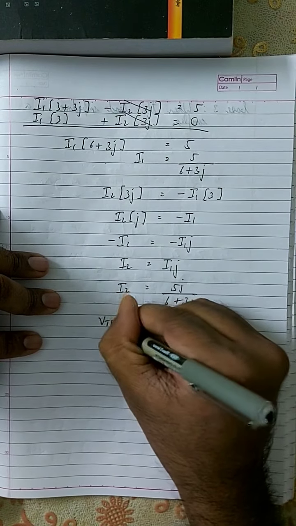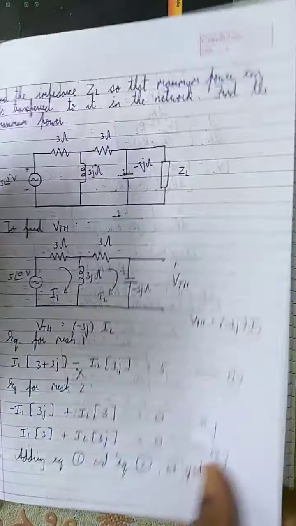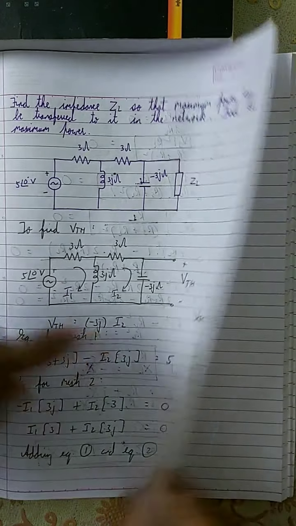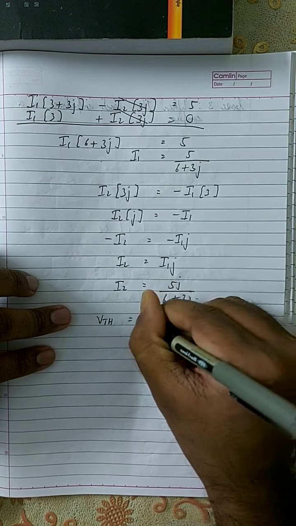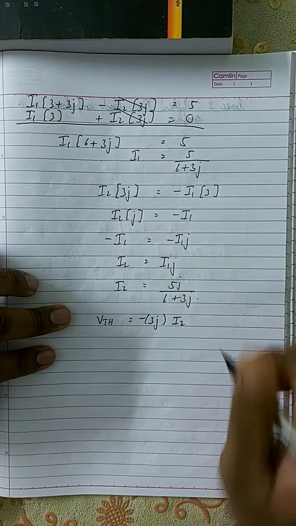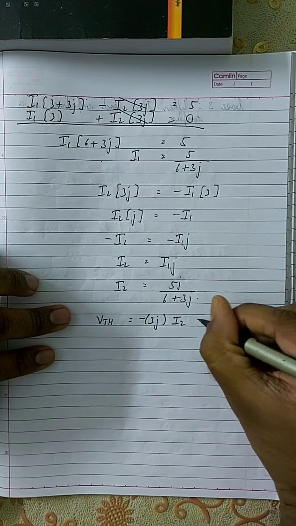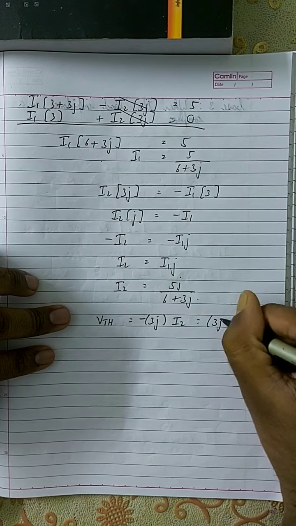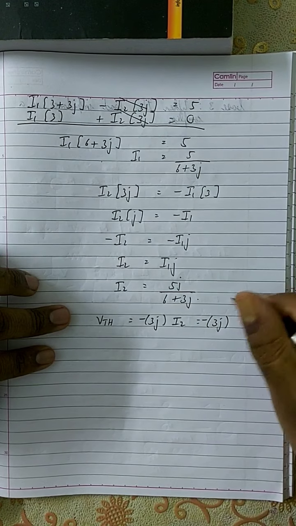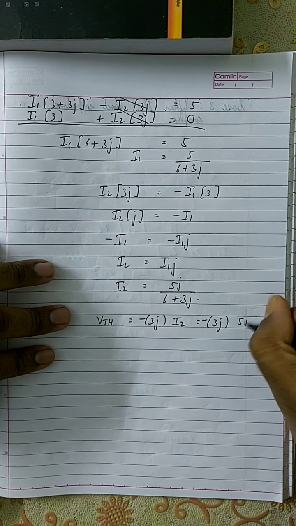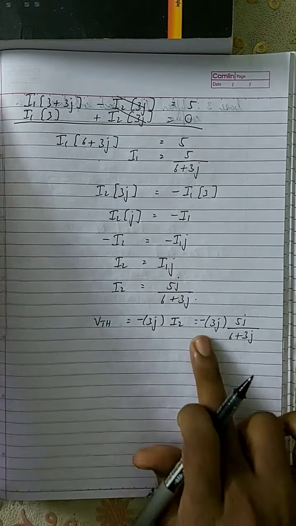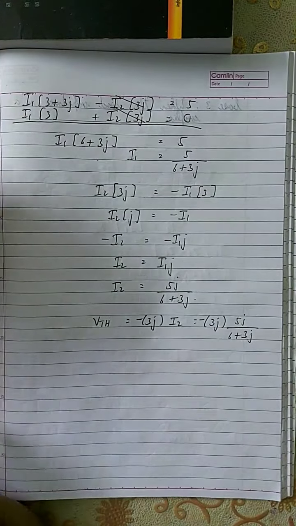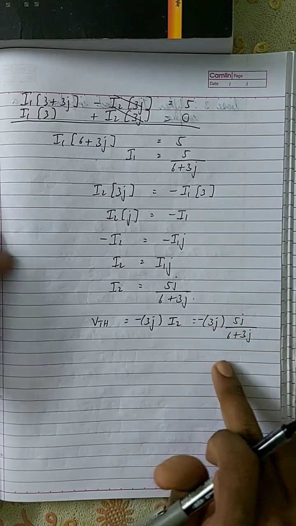And VTH is minus 3j into I2, right? Minus 3j into I2 is VTH. So this is equal to minus 3j into 5j by 6 plus 3j. So 3 into 5 is 15, and j into j is minus 1, minus into minus becomes plus.